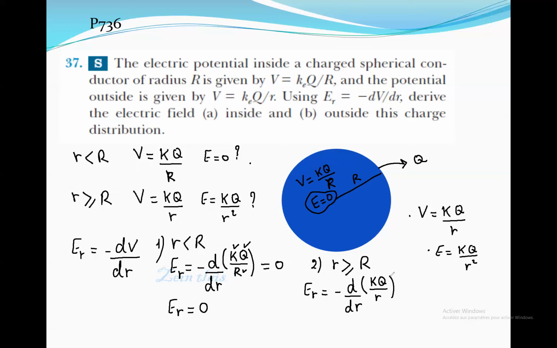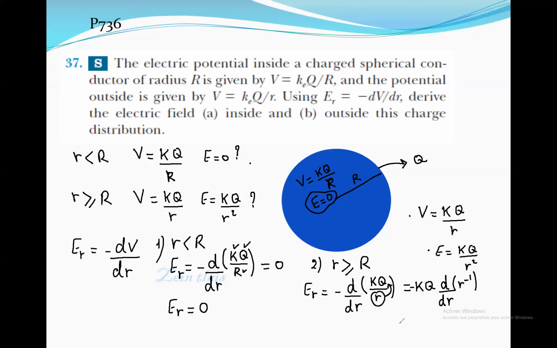Okay, we can put this one here, so we get minus d divided by dr. Here, K is constant, you have minus, and Q is constant. So here we have d divided by dr of r to the power minus 1.